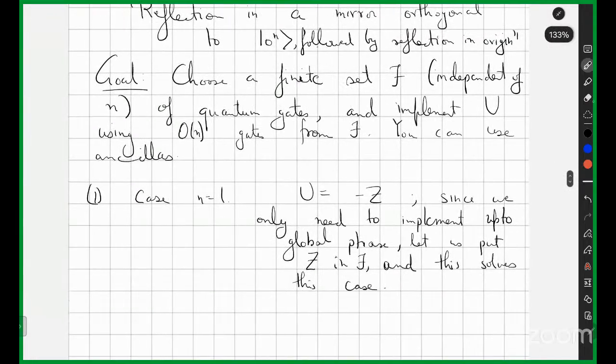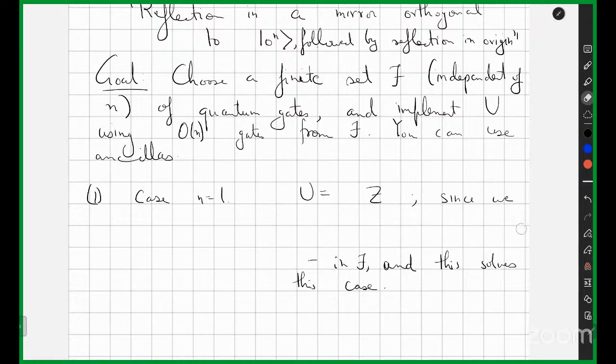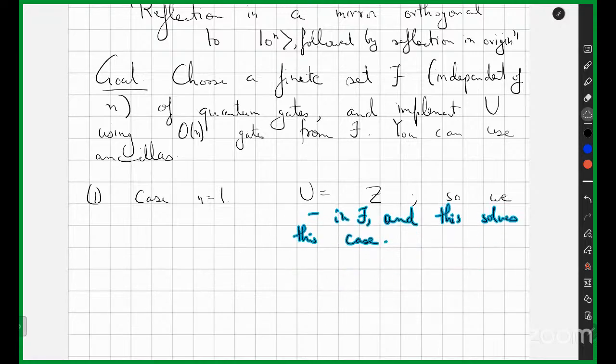So then this is Z. Okay. So now how about case n equal to 2?